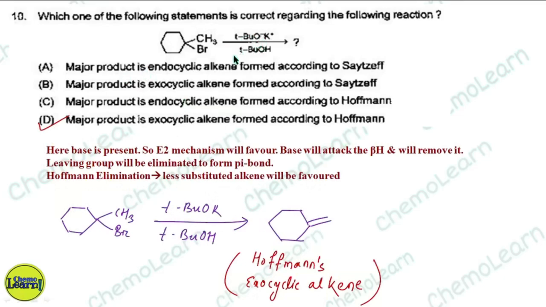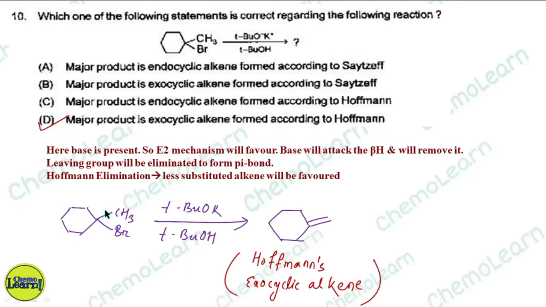Okay, base is present, then that means E2 mechanism will be favored, and here base will attack the beta hydrogen. This is our alpha carbon and this is our beta carbon. So, base will attack the beta hydrogen and it will remove the hydrogen atom. Okay.